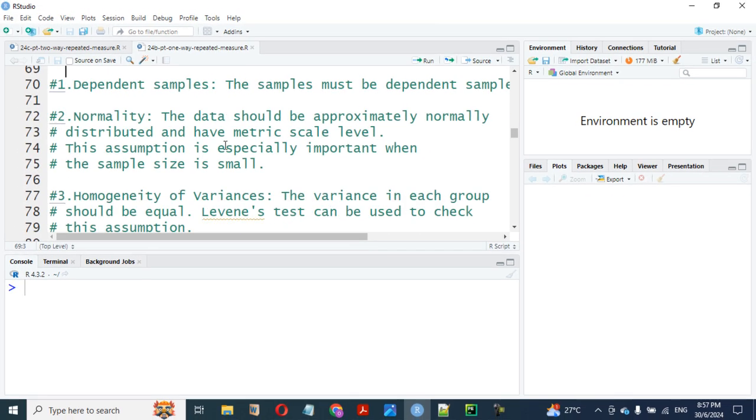So normality is very important as well. The data should be approximately normally distributed and have metric scale level. This assumption is especially important when the sample size is small, which means it is measuring data.